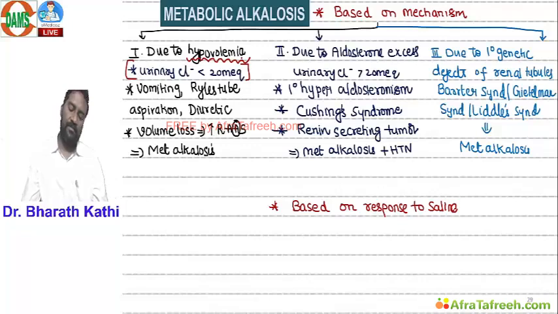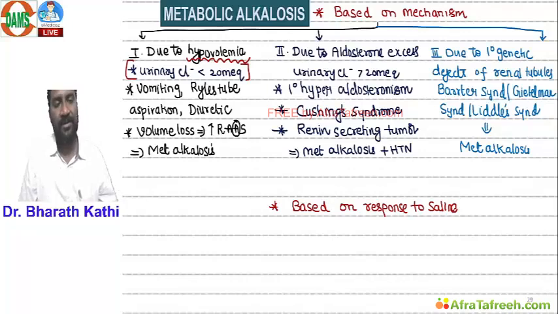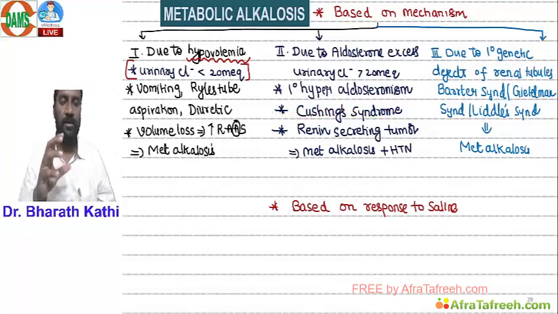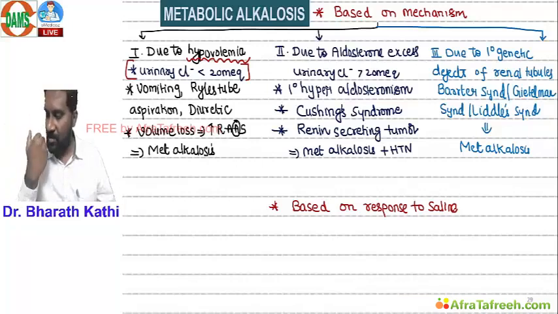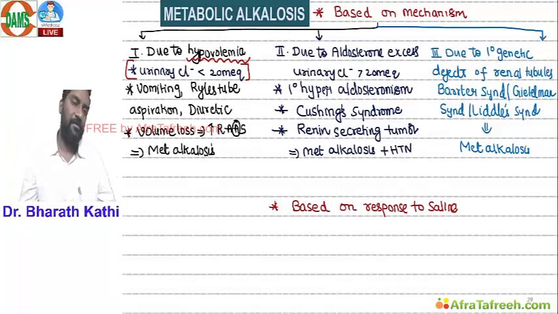Tell me students, when there is less volume in your body, what will your kidneys try to do? It will try to retain water. How is water retained? By salt. There will be salt and water retention. What does salt contain? Chloride. Because chloride is kept into the body, within the urine, chloride will be less.